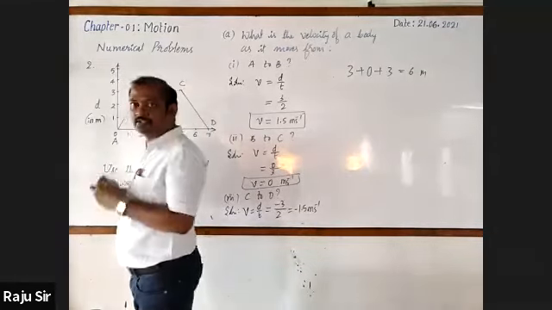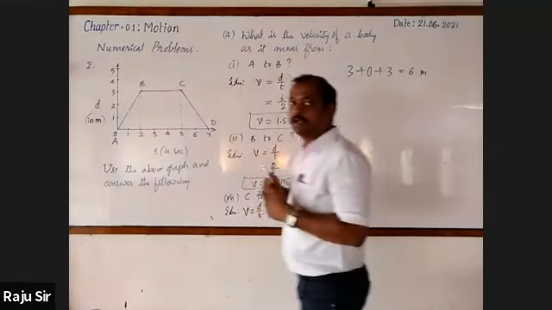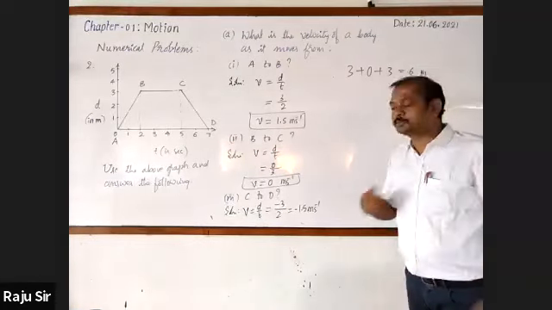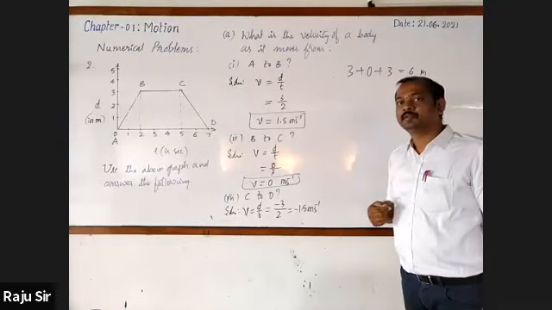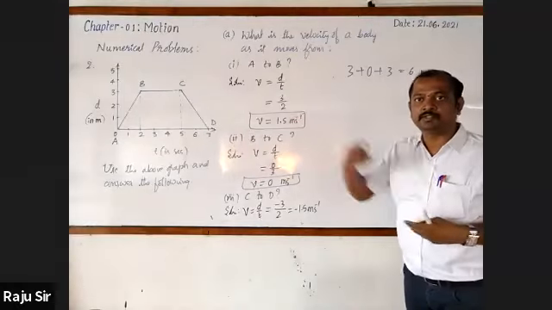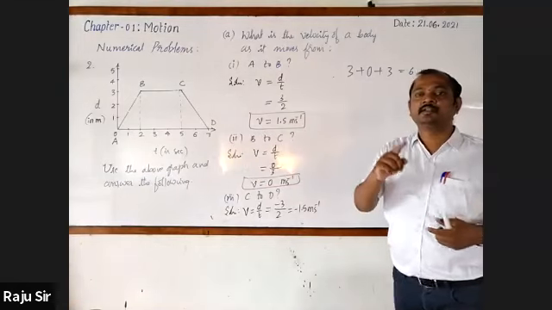After 5 seconds of rest, I go back again for 2 seconds. Again, I have covered 3 meters. What is my displacement? 0 meter, because my initial position and final position are the same. Whereas distance, I moved for 3 meters, I came back for 3 meters. 3 plus 3, 6 meters. You understand? Any doubt? No, sir.